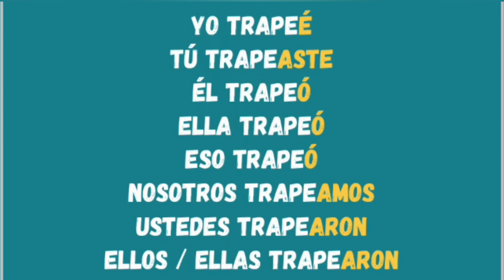Now, if you want to say you mopped, you have to say tú trapeaste. Now, to say he mopped, you have to say él trapeó. To say she mopped, you have to say ella trapeó. To say it mopped, you have to say eso trapeó.